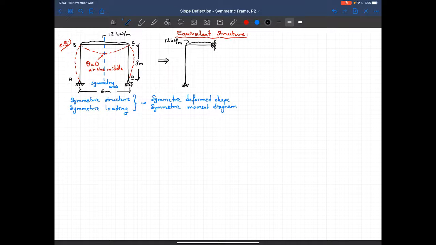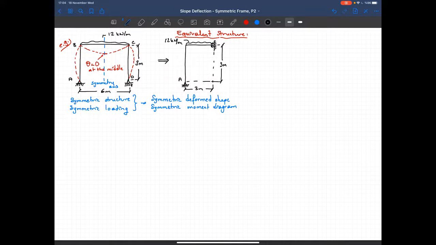Now, let's solve it. This distance is now 3 meters. That distance is again 3 meters. Let's give some labels.